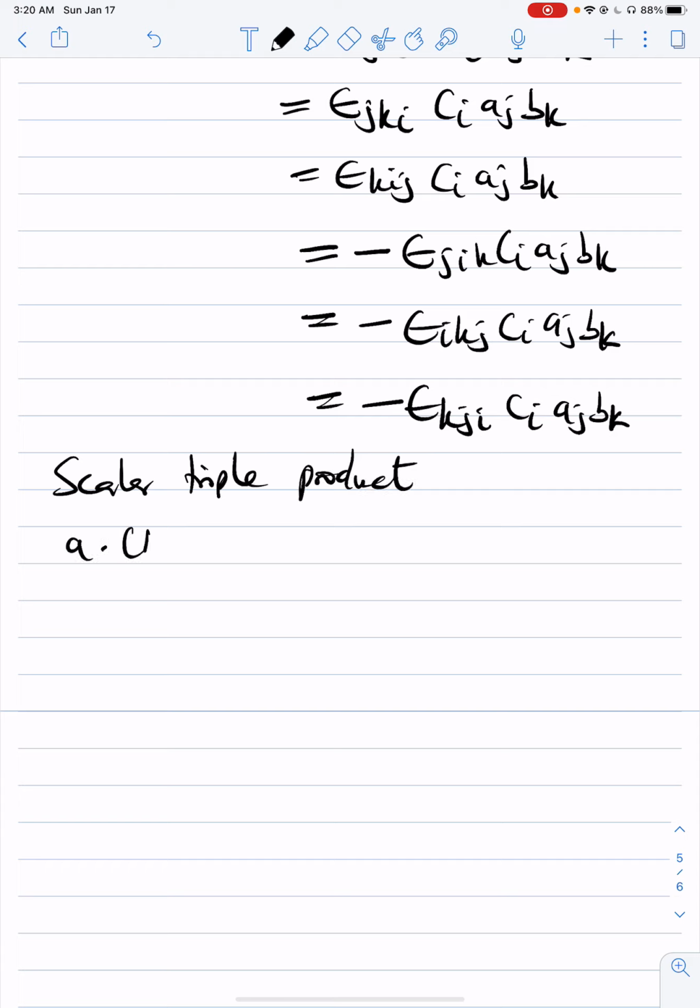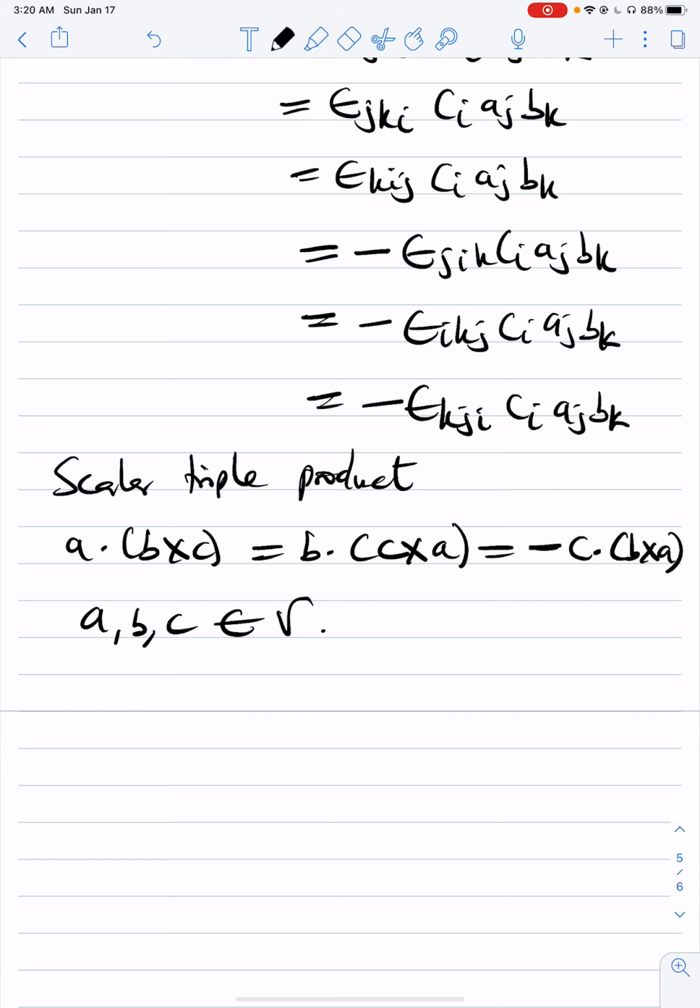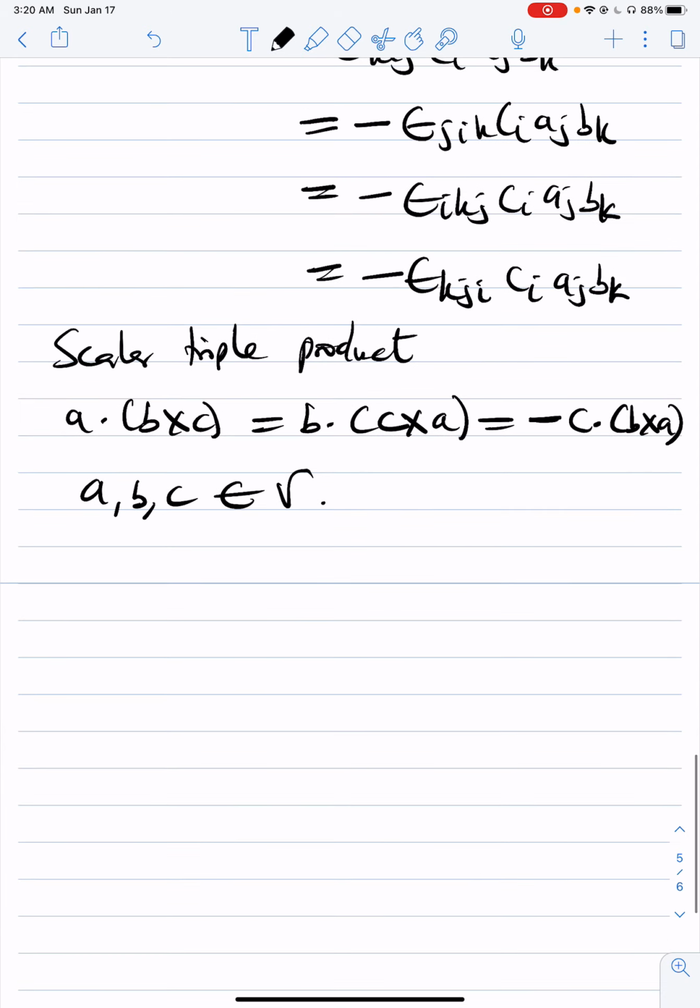A dot B cross C is equal to B dot C cross A, equal to negative C dot B cross A. Now we look at this, A, B, C are vectors according to this order, right?